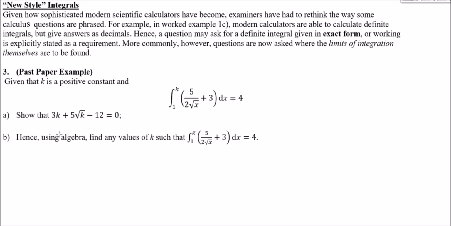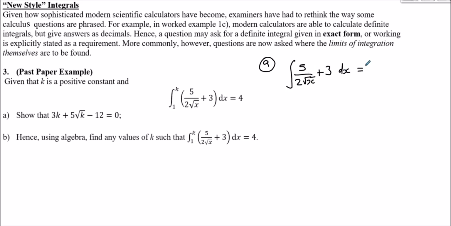And then using that, we can solve B. So first of all, part A. If I just take this, ignoring the limits of integration for now, and consider what this is in a simpler way, I've got 5 all over 2 root x plus 3 with respect to x.